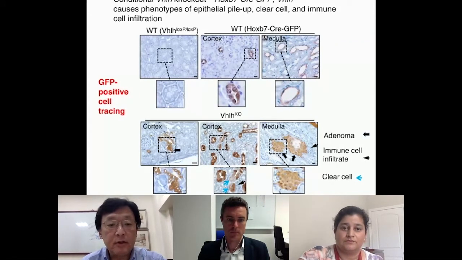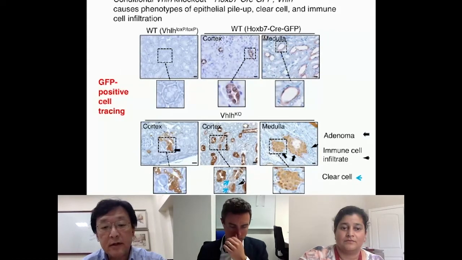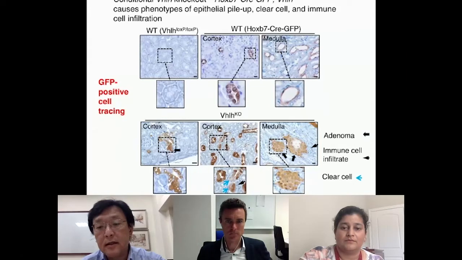For example, in the cortex, you start seeing the piling up of the epithelium. It looks like an adenoma. You also start seeing the appearance of clear cells, also this very clear adenoma. And in the meantime, you also start seeing infiltration of immune cells surrounding these abnormal tubule cells.